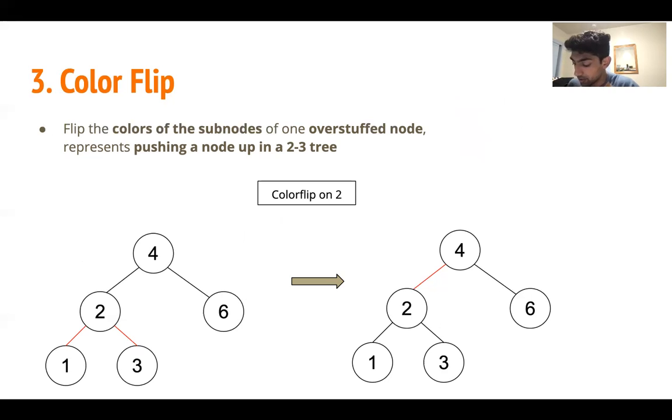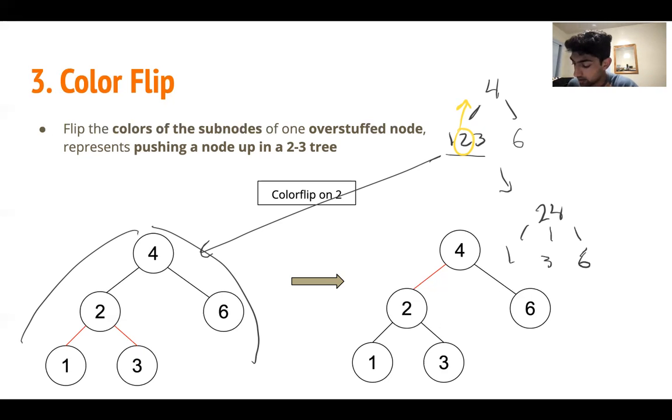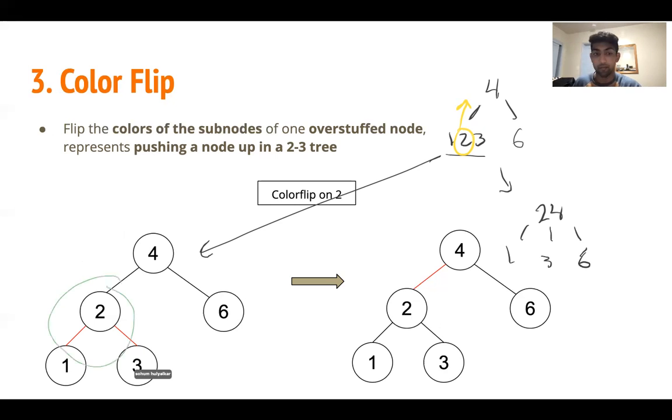So what we're going to do, actually I'm going to bring that back, is perform this thing called a color flip on the node that we want to push up to the upper level, okay? So looking at this node 2, we can see that in order to push it to the level above, this is really, really cool. All we have to do is flip the colors of all of the outgoing links at 2, okay?